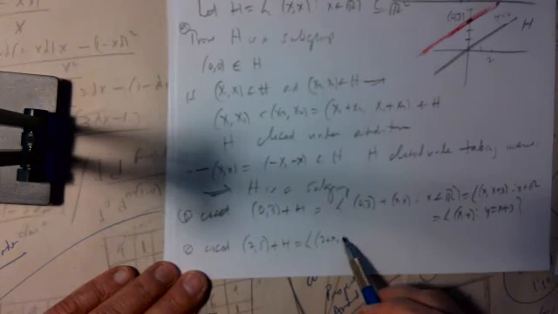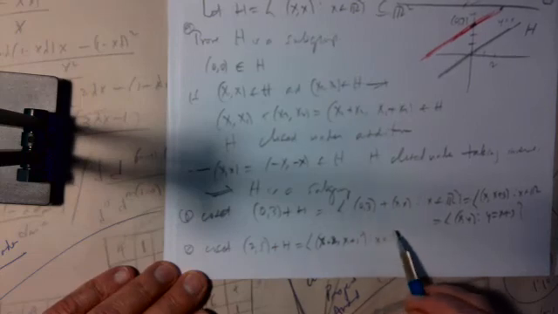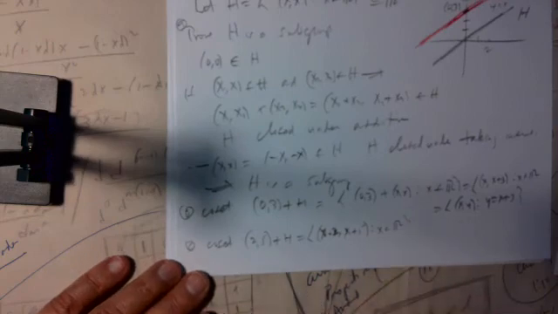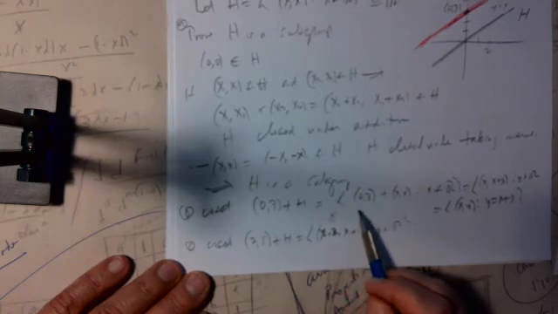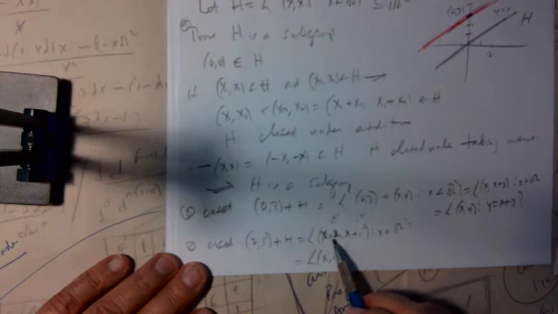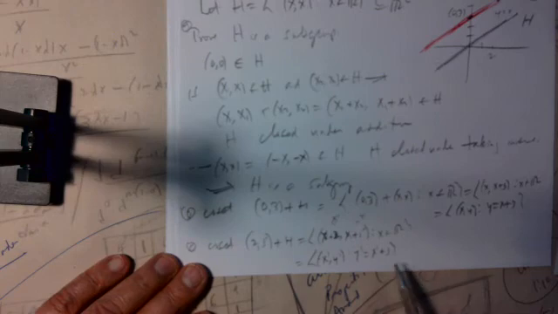This is everything in the form 2 plus x, 5 plus x, for all x in R. So let me call this x prime and this y prime. This is the set of all vectors x prime, y prime. And what's the difference between these two? y prime is x prime plus 3. It's exactly the same line.